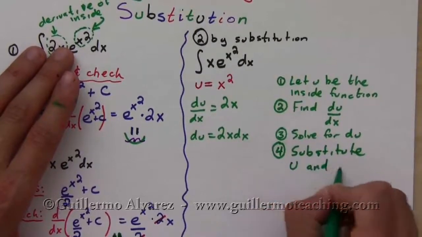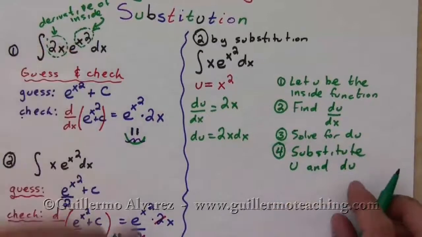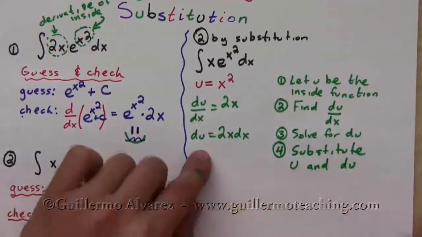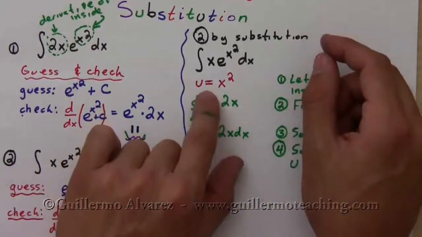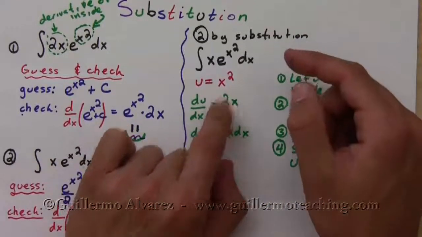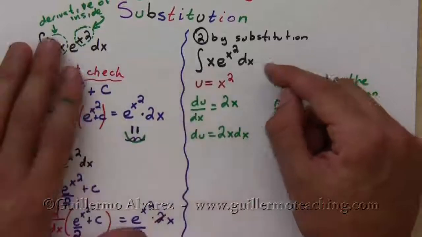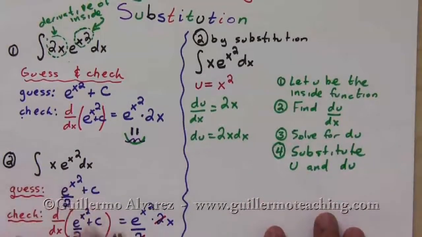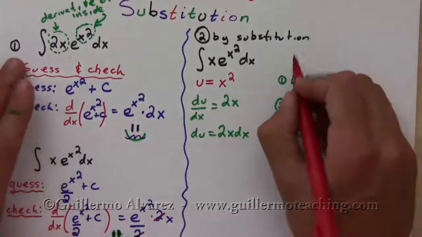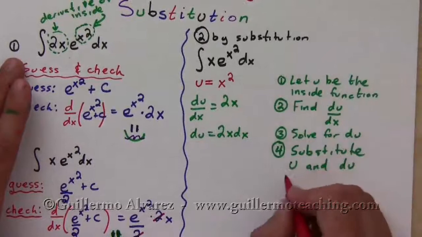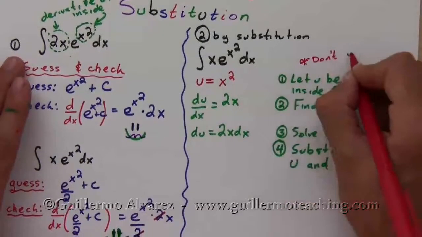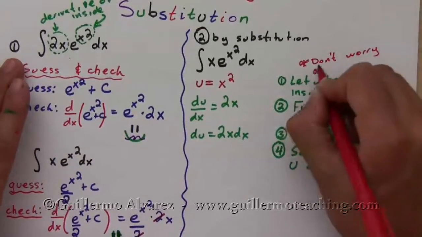Okay, now the next thing is we're going to substitute u and du. And remember, the whole thing about this is that whatever you pick your u to be, you want du to also be in there. And just like in problem number 2, we don't worry about constants. So here, let's put a big fat star right here. Don't worry about constants.